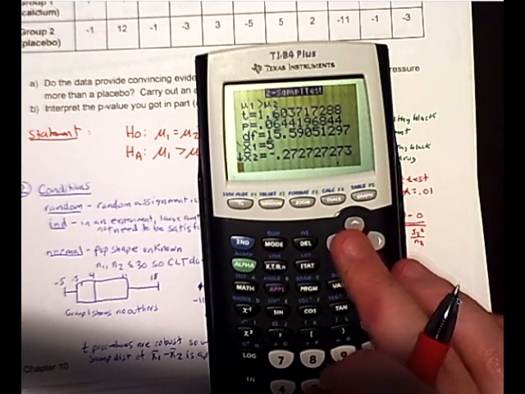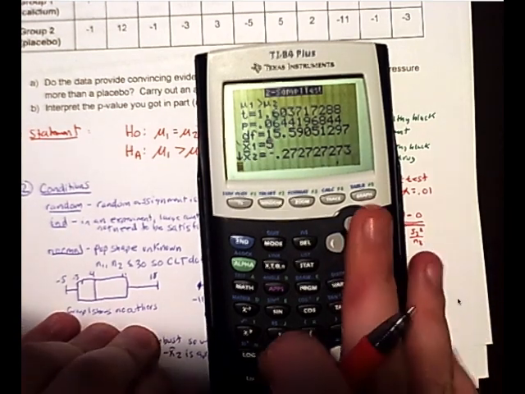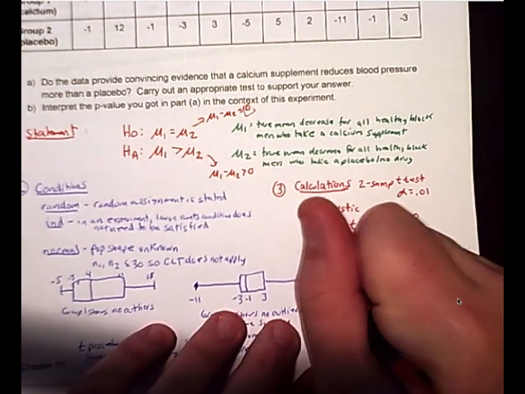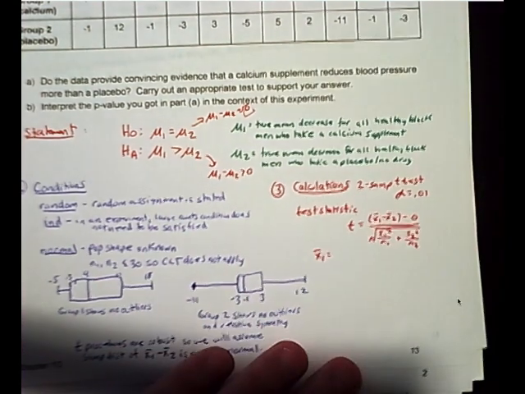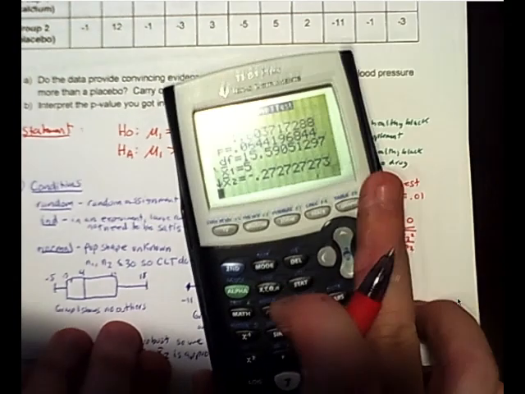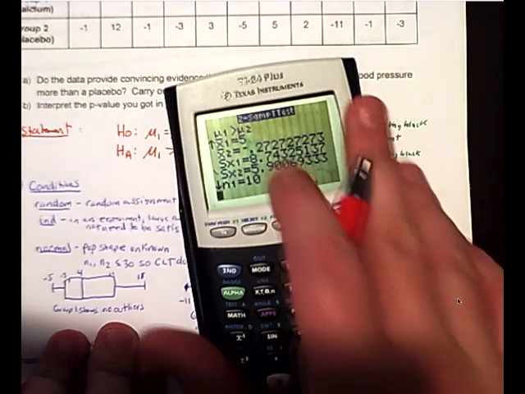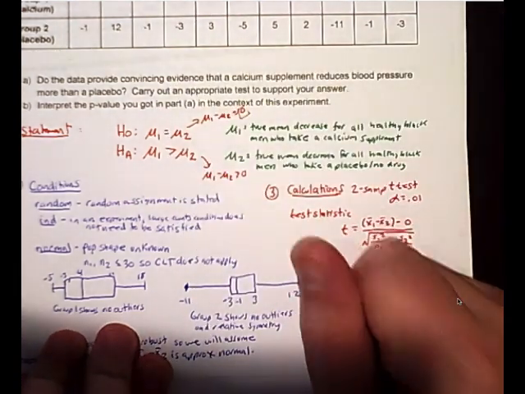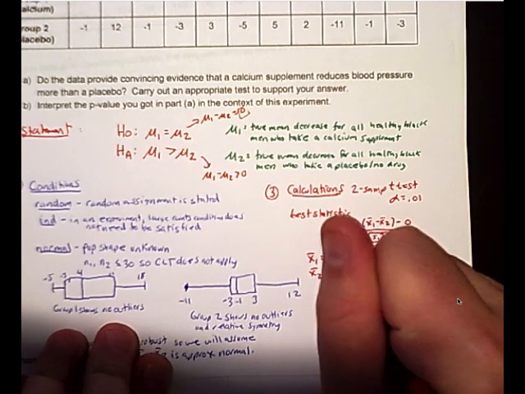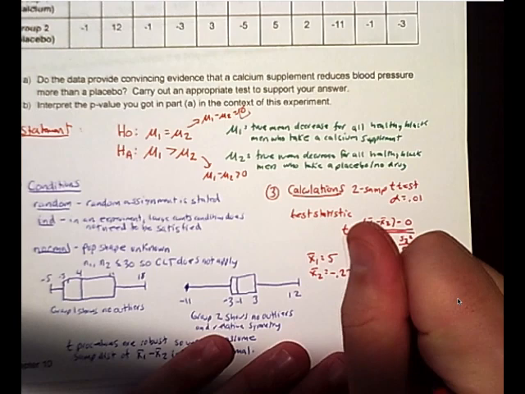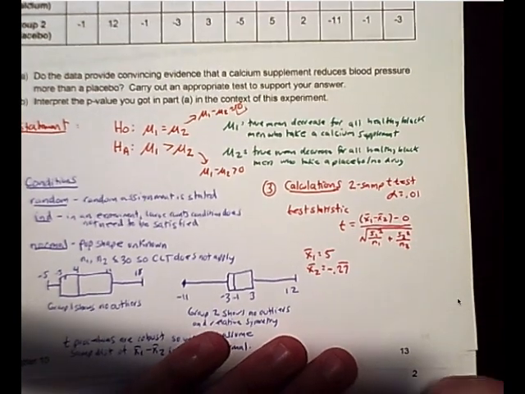So it gave me all of these things. Now, if you're not going to do it by hand, at least give the reader what the statistics are. So you can scroll up and down here to find all these. So x bar 1 is 5. X bar 2, I'm just copying it from my calculator, it's negative 0.27 repeating.